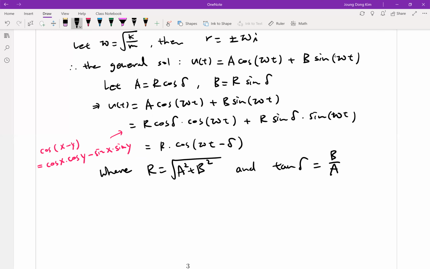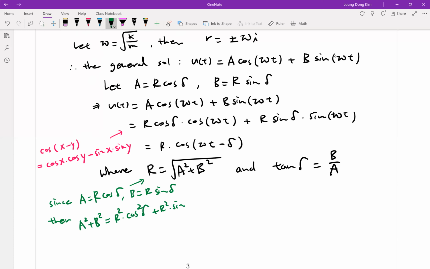Wait a minute, where did this come from? It's really easy, let me show you. Since we defined a as r cosine delta and b as r sine delta, a squared plus b squared is equal to r squared cosine squared delta plus r squared sine squared delta.